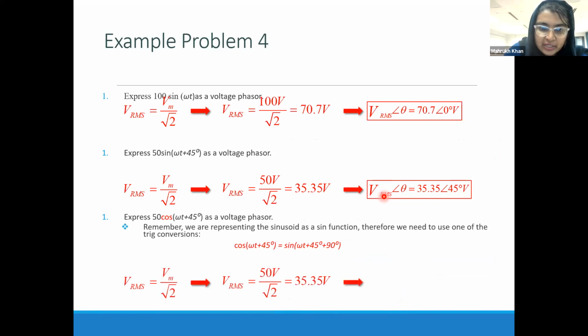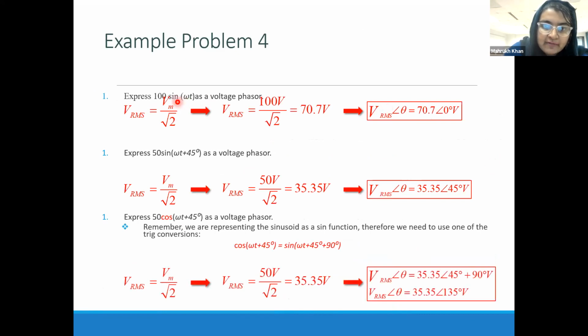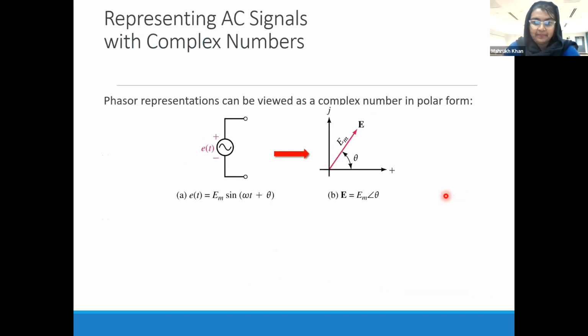So what they have done here is, if you are given just 100 sine omega t, you can find the RMS voltage like that, because 100 is your magnitude and you don't have any angle, so you will just write 0. But if you have 45 here, you can say that 45 is my angle, okay? So let's see what it means.